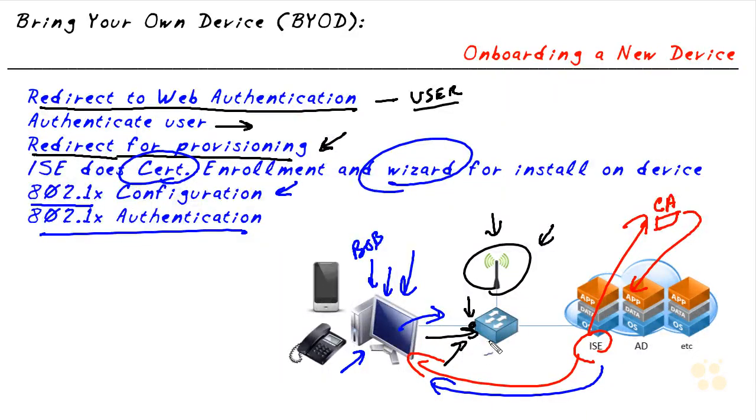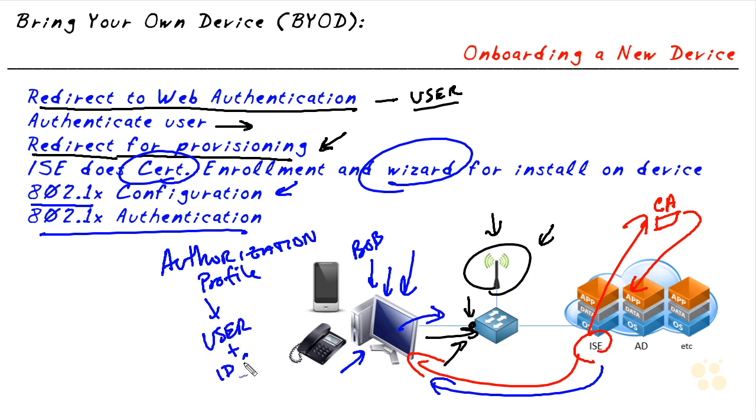And this time, because the computer has the digital certificate, we could have an authorization profile that's looking for a valid user plus an identity certificate on the computer that the user is coming in on. And this authorization profile that's invoked based on these conditions being true would then give Bob and his computer the full access he needs.